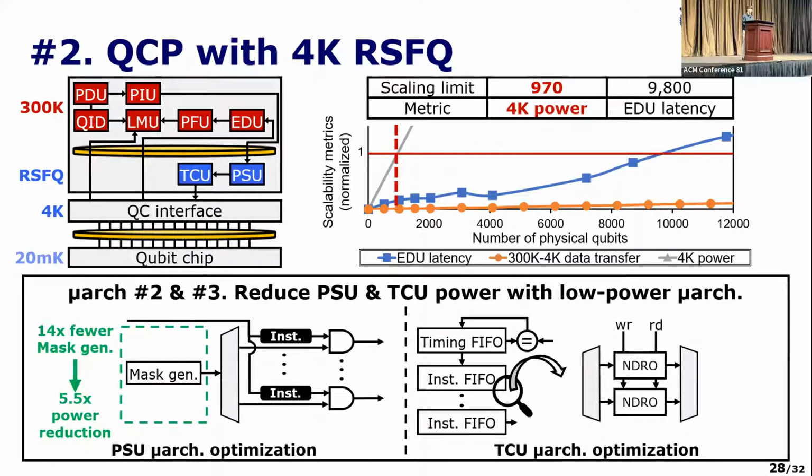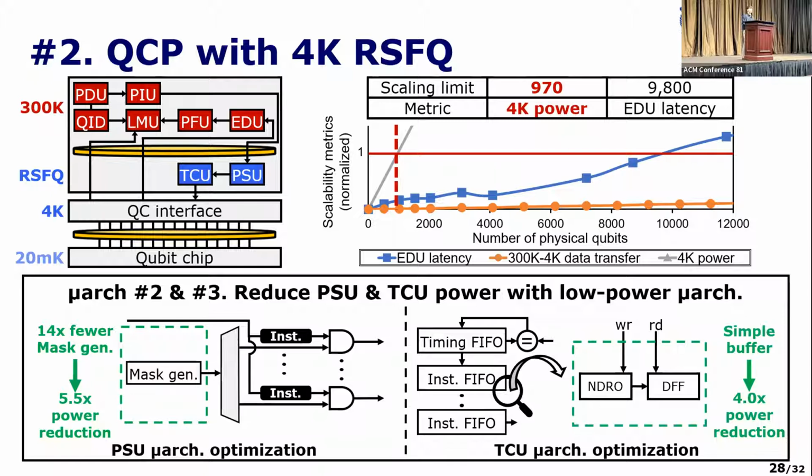First, the key idea to building low power PSU is to share the fast RSFQ-based modules for many qubits. Specifically, as the mask generator inside PSU is 14 times faster than its CMOS counterpart, we can reduce the number of mask generators by 14 times. Next, for the low power TCU, we designed the RSFQ-friendly microarchitecture.